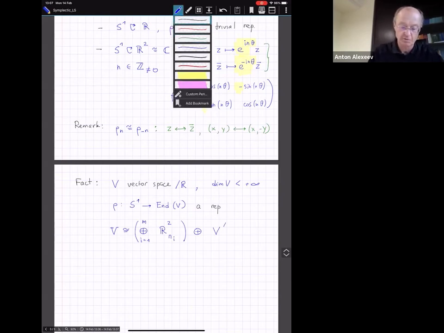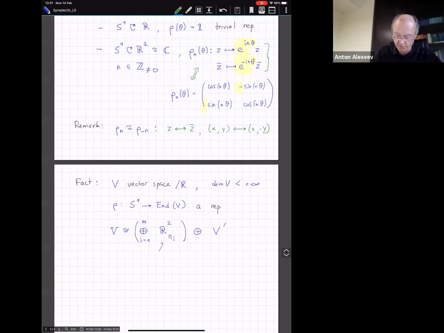And here those R2 and I, these are two-dimensional representations that we described before.